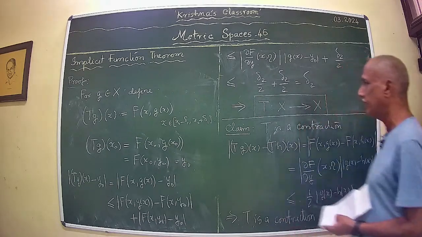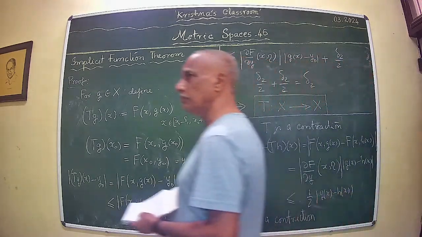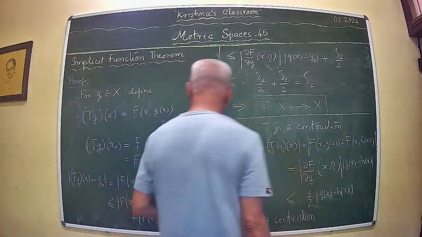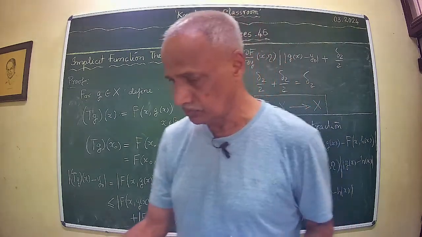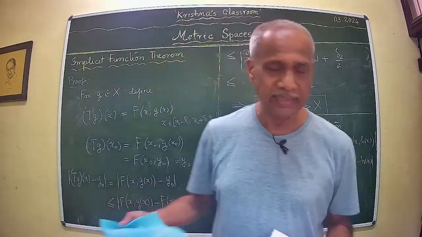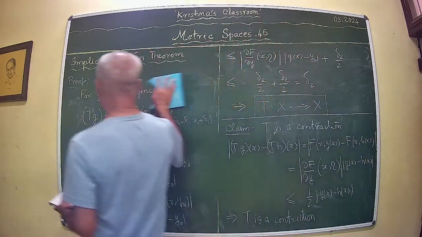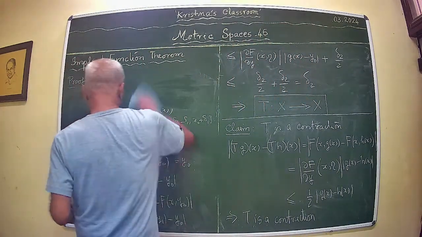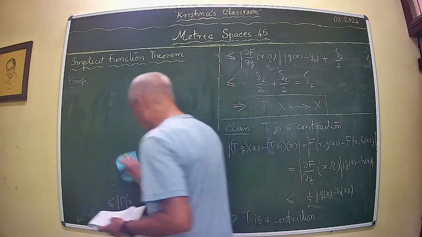So we have defined a space X, and T is a map from X to X, and T is a contraction. So what is the consequence? So we can apply this, and you have already shown that X is a complete metric space. So what do we conclude? Let us conclude.